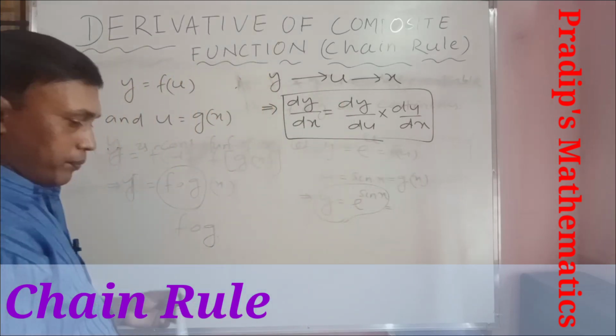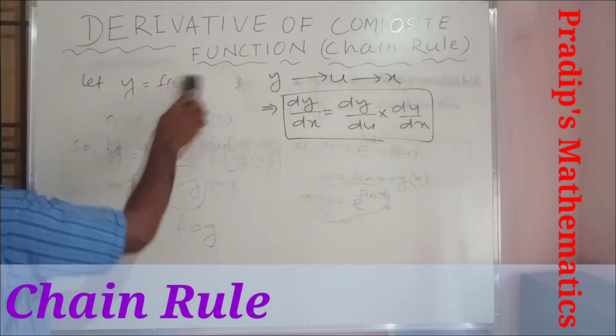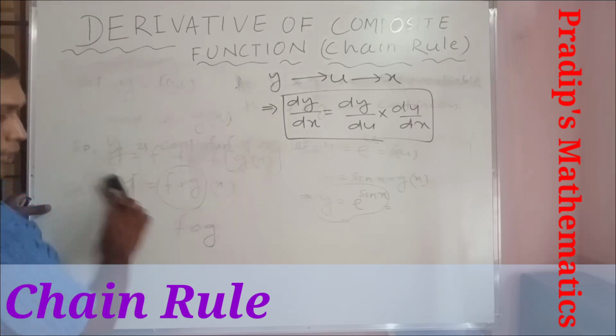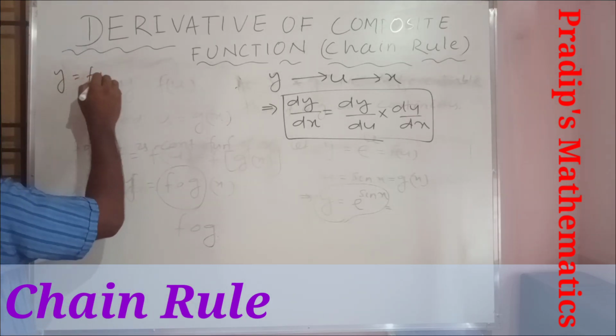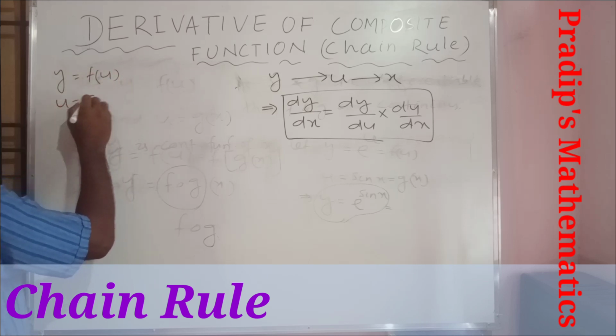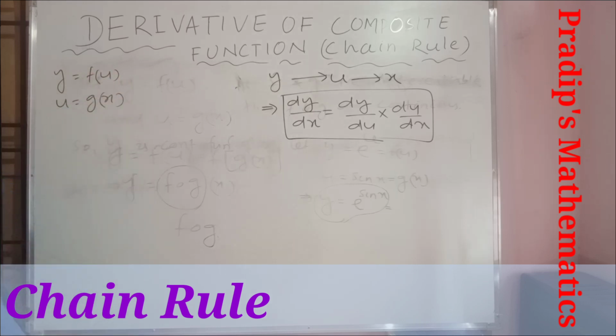How can we prove this? Look at here. We have y is a function of u, y is equal to f of u, and u is a function of x.